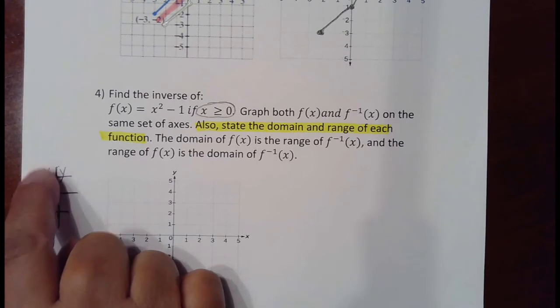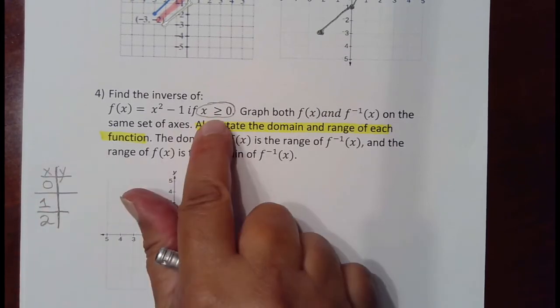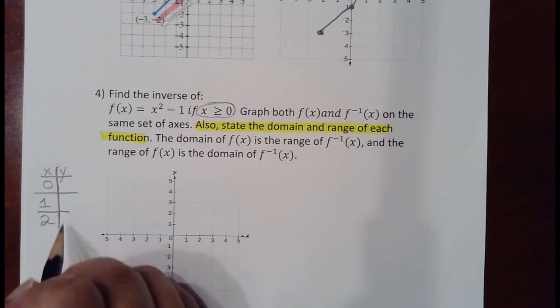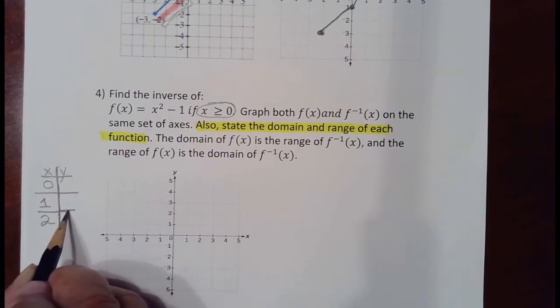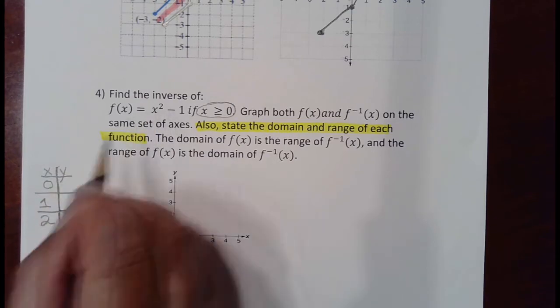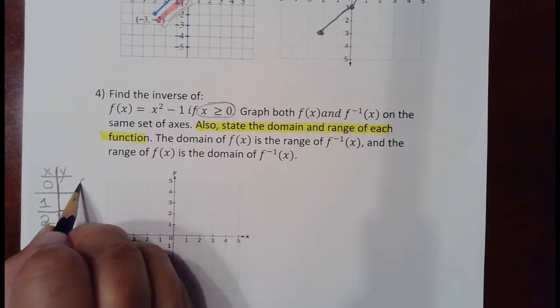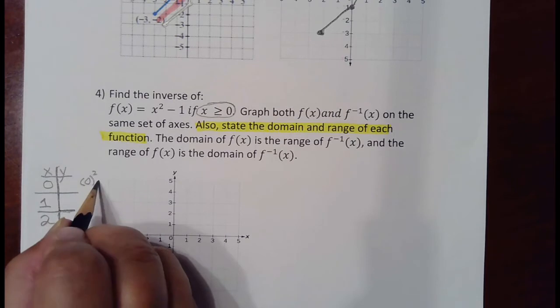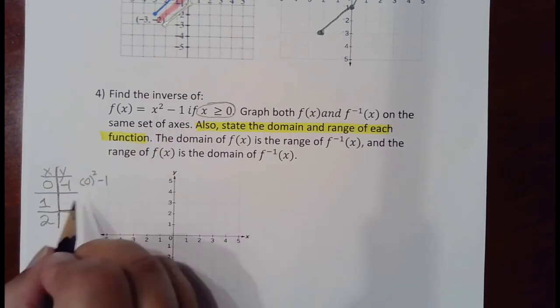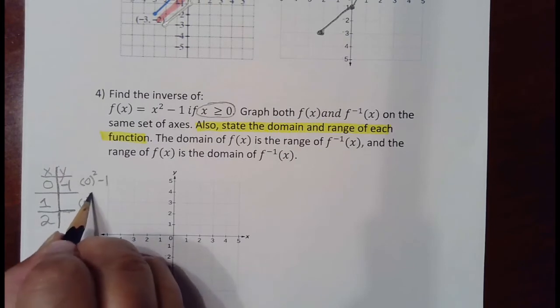So if you put 0 in there, it's going to be 0 squared minus 1, that's 0 minus 1, or negative 1. If you put 1 in there, then it's going to be 1 squared minus 1. This would be 1, minus 1 would be 0. If you put 2 in there, then it's going to be 2 squared minus 1, which is 4 minus 1, or 3.